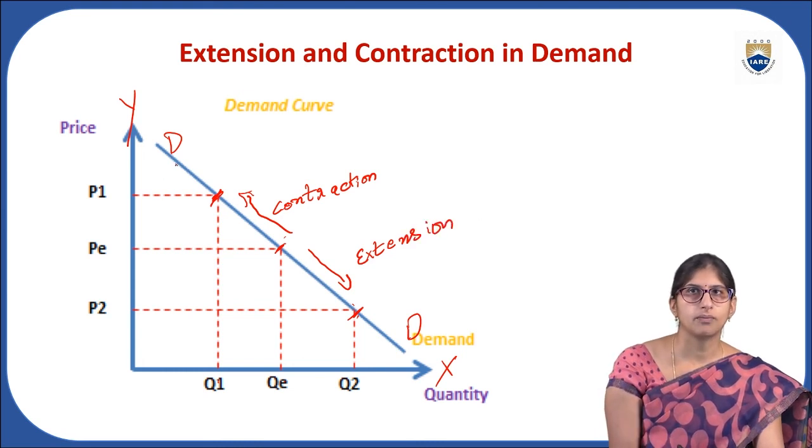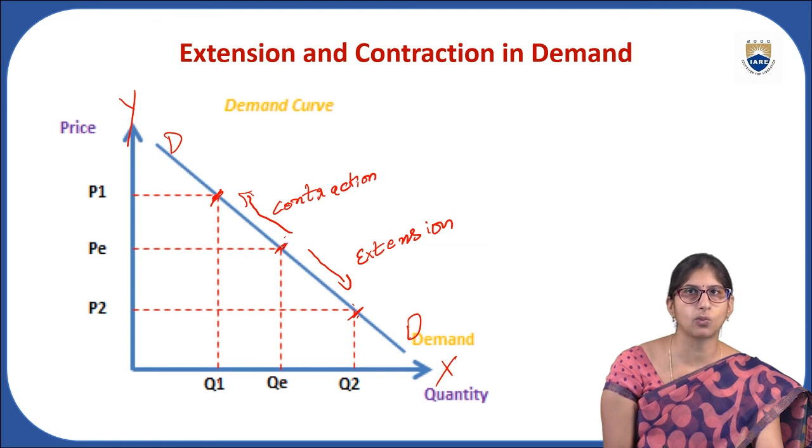From this basic point of price and quantity, the quantity demanded has contracted, so this part we call contraction of demand. Demand has contracted here.